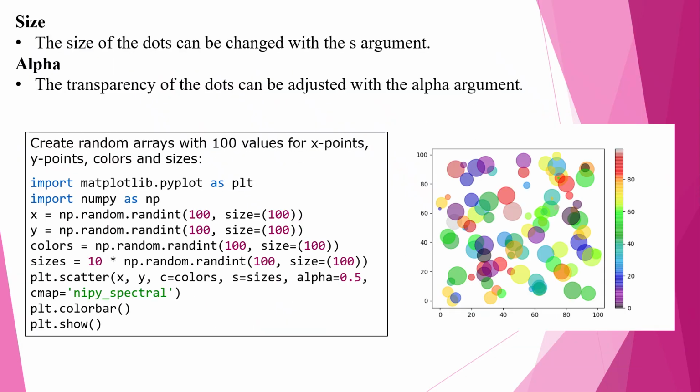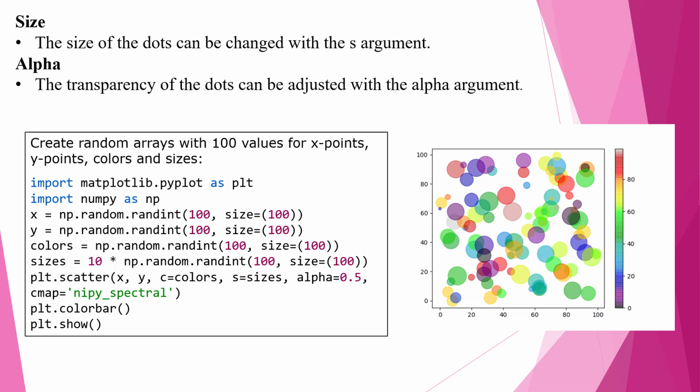This code demonstrates how to create a scatter plot using randomly generated data with different colors and sizes. First, NumPy is used to generate random values for x and y coordinates, each containing 100 points. Additional arrays are created for colors and sizes, where each value determines the color intensity and size of the corresponding point. The plt.scatter function is then used with parameters like c for colors, s for size, and alpha to control transparency.